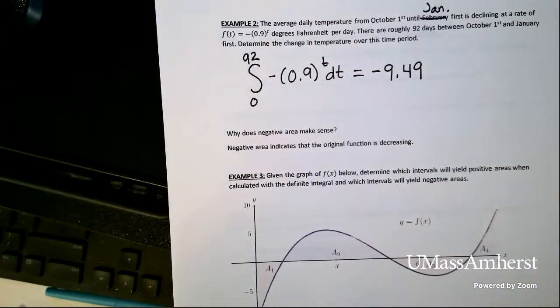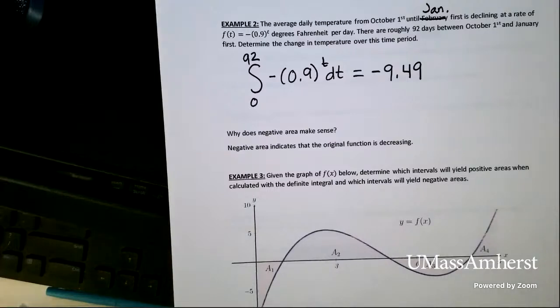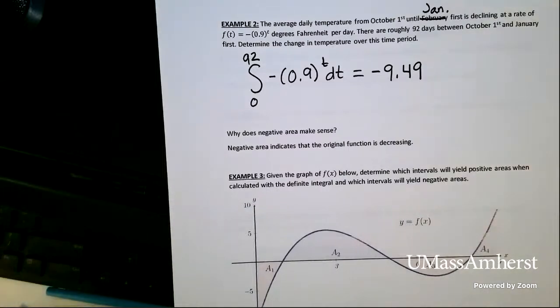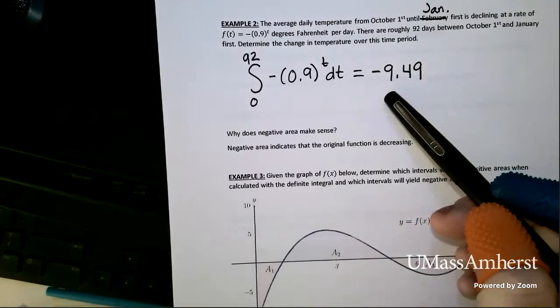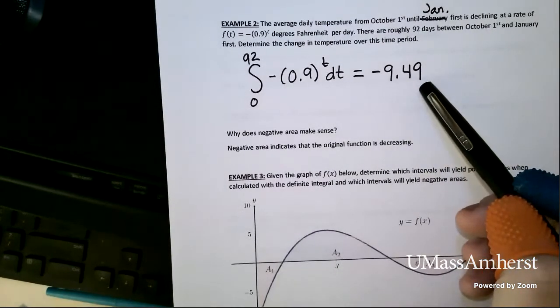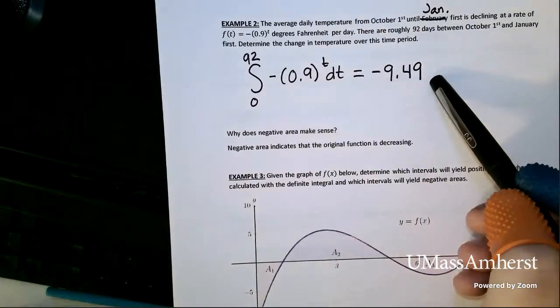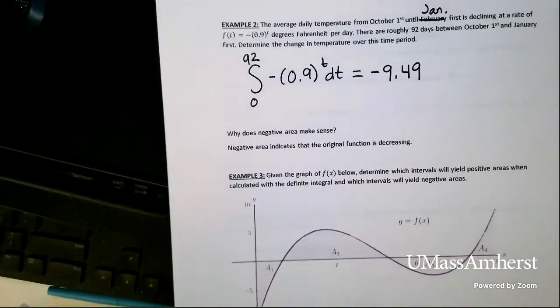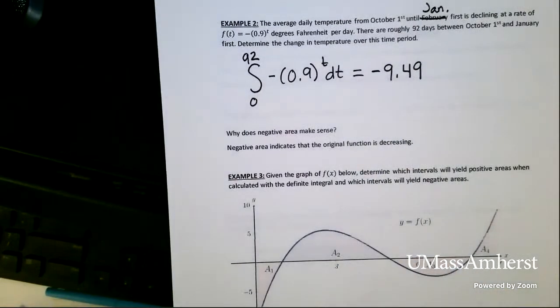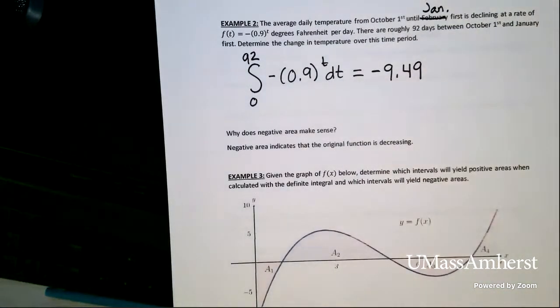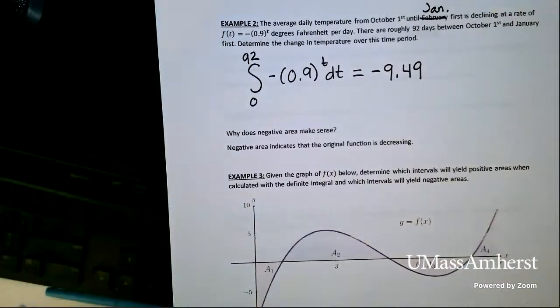We can also say declines, decreases, anything like that. So if we knew the average temperature on October 1st was 60 degrees, then we would do 60 minus 9.49 or 60 plus negative 9.49 so that we see that the temperature decreases during this time period. Okay, so negative area makes sense because here it represents a decrease in the original function.